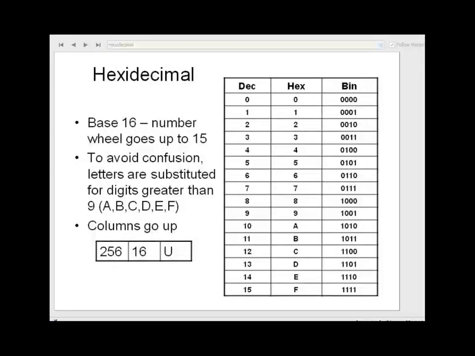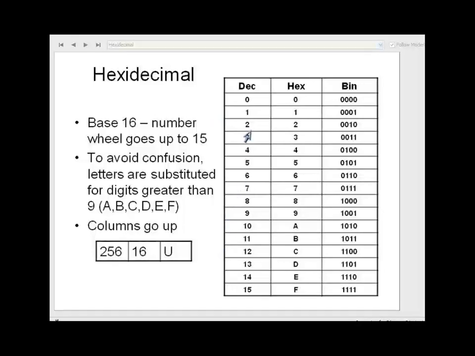Now what we do is, instead of going directly from binary to decimal, or from decimal to binary, if you go via hexadecimal, you find it a lot easier. The reason why it's easier, I'll show you an example. Firstly, the way to do hexadecimal conversions is just to have this table.